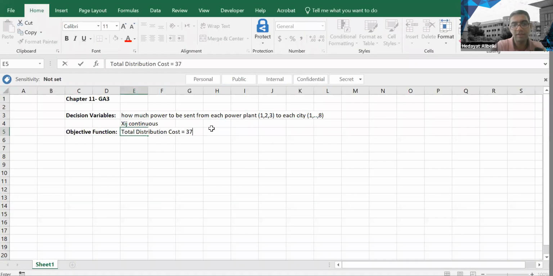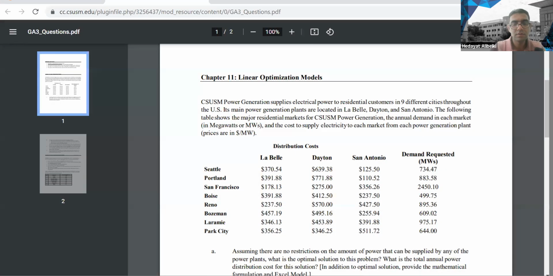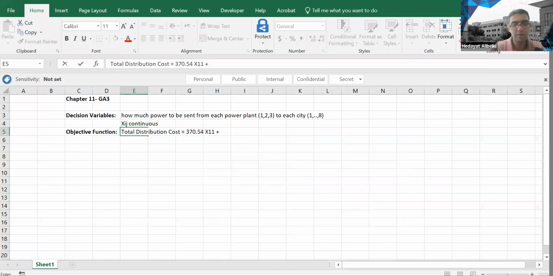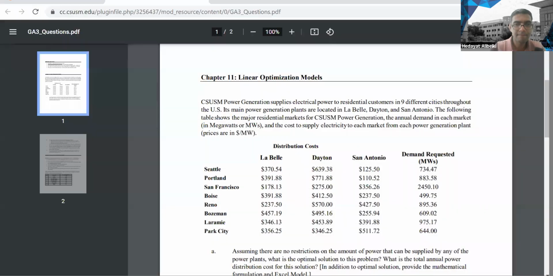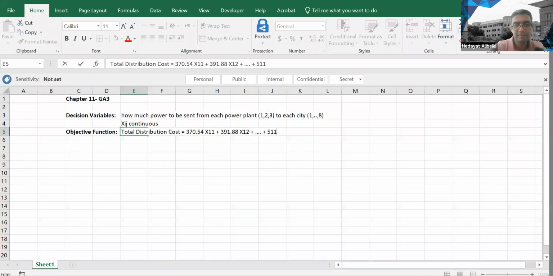So 370.54 X11 plus, let's go this way, 391.88 X12 plus all the way to 511.72 X38. That's the objective function.